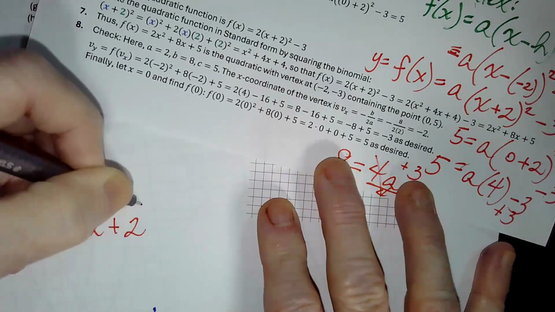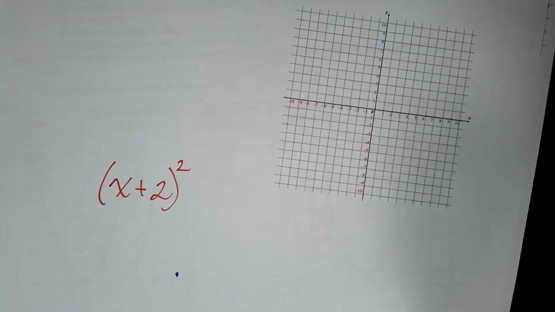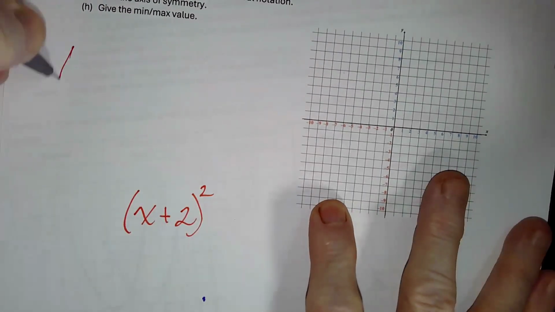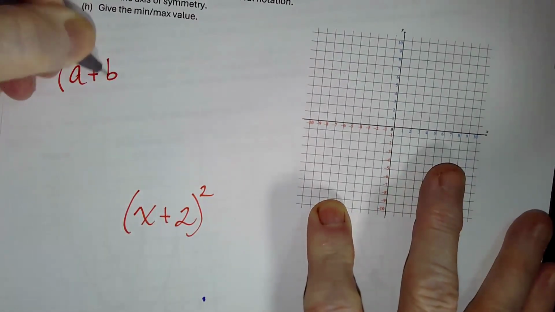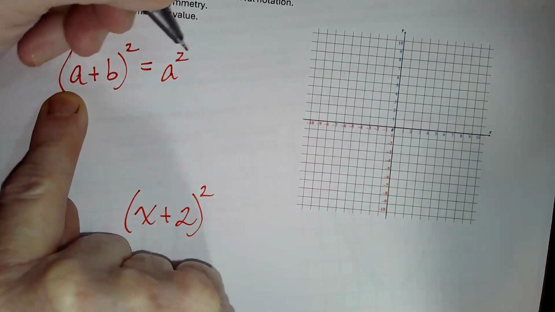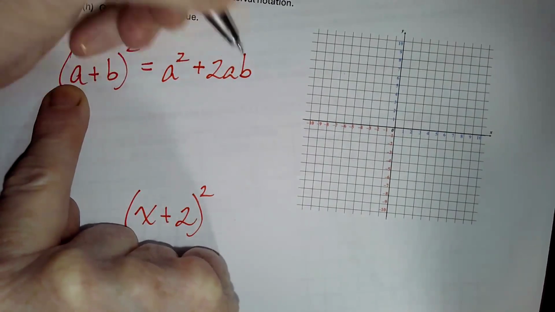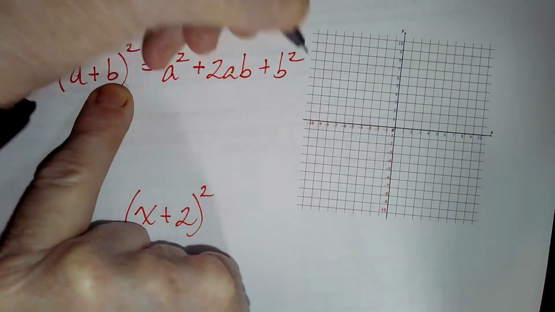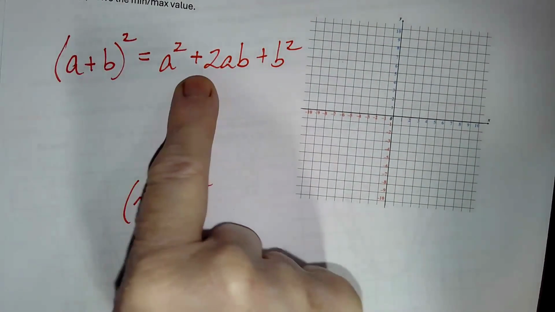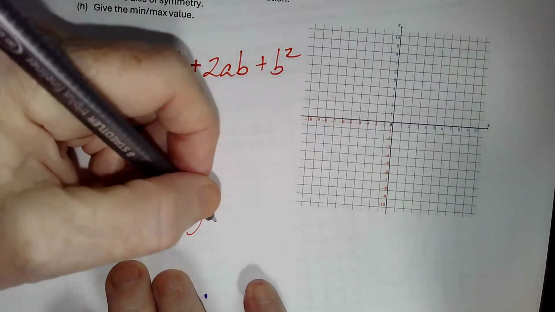There's a form that really helps to know or to learn. If we have (a plus b) all squared, that is a squared plus 2 times a times b plus b squared. So the first thing squared, first times second times 2, second thing squared. So we're going to use that pattern.